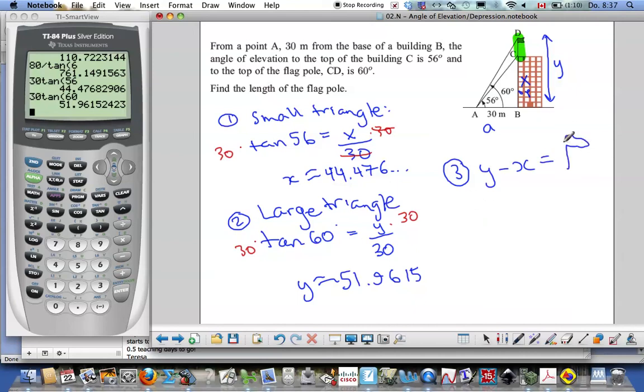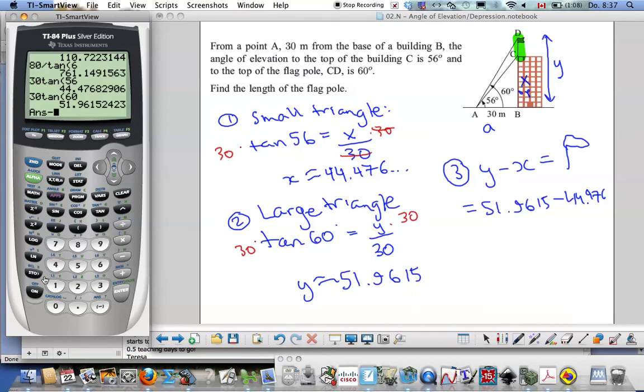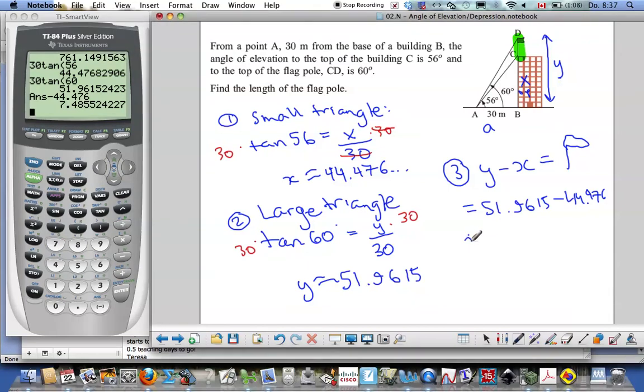So 51.9615 minus 44.476 is 7.49, and this is where we do the rounding to three significant figures. Our units are meters.